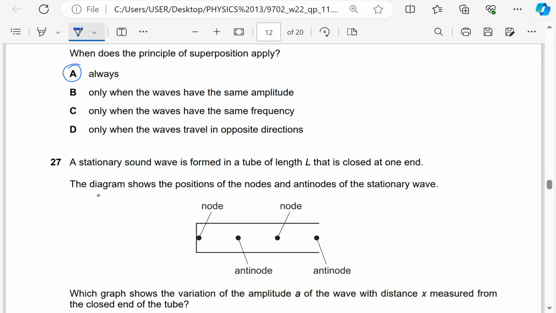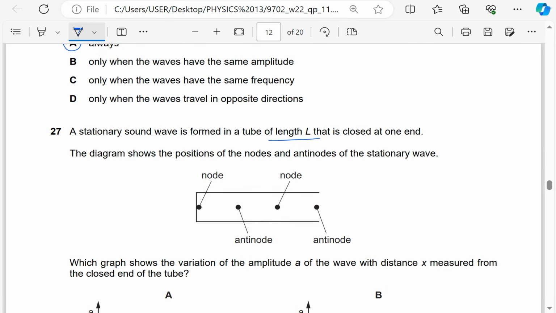A stationary sound wave is formed in a tube of length L that is closed at one end. The diagram shows the positions of the nodes and antinodes of the stationary wave. So this is an antinode, and this is another antinode.